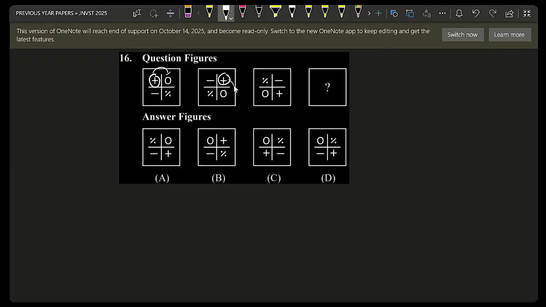From here it is going clockwise. Now from here it has to go clockwise. So plus is required in the southwest direction. So southwest direction plus is there in only one option, that is C. You can take care of the other parts also. So you'll be getting option C. Next part.